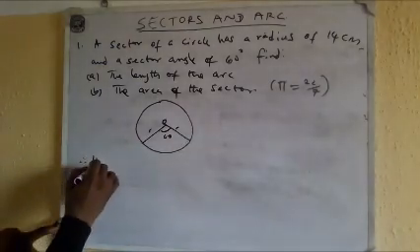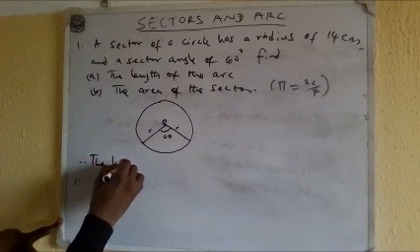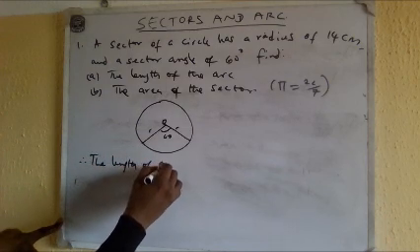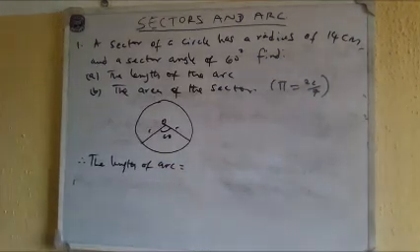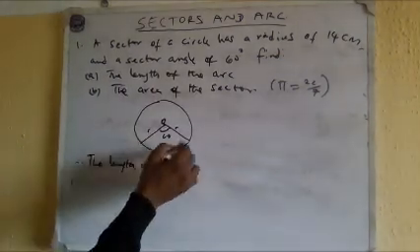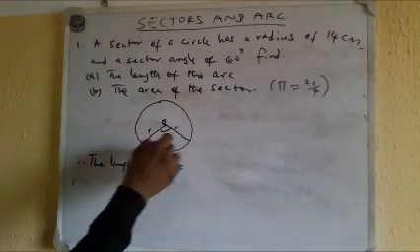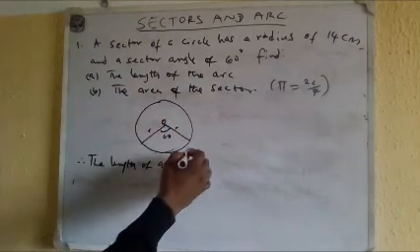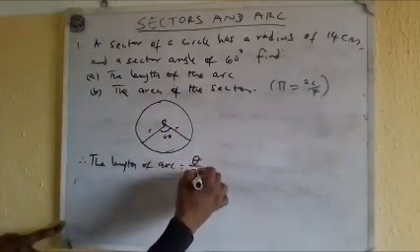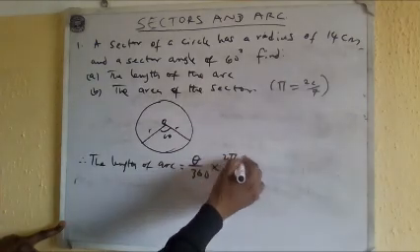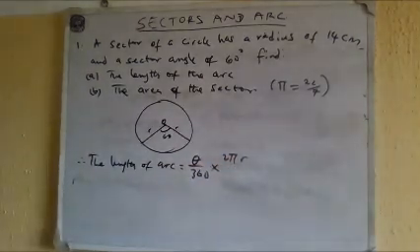So therefore, the length of arc is the fractional part of the circumference of the circle. So it is theta over 360 times 2 pi r. That's the length of the arc.